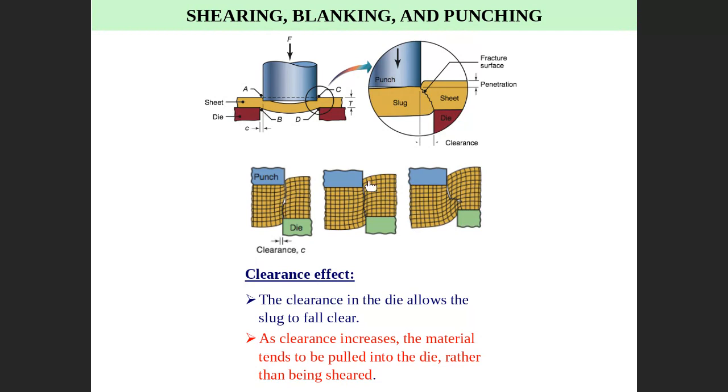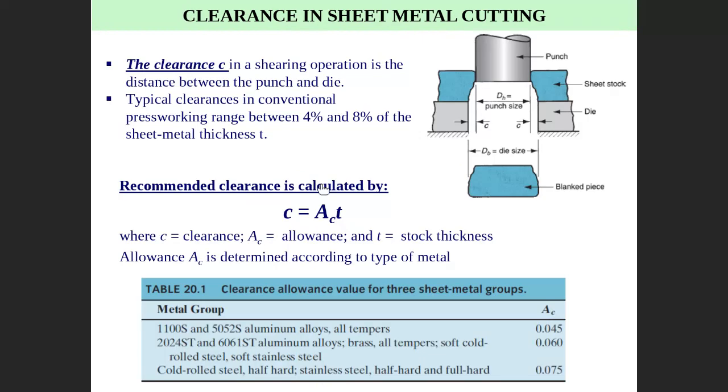Whatever thickness you have, the clearance should be within 4 to 8% of it. This was experimentally investigated, so this is a recommendation. Below 4 to 8%, you get tight clearance. Bigger than this, you get big clearance and distortion in the workpiece. This is the clearance effect. You have to keep the clearance within the range. You understand? It's written here.